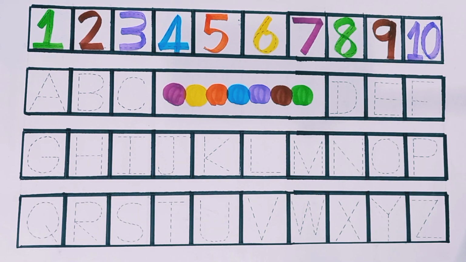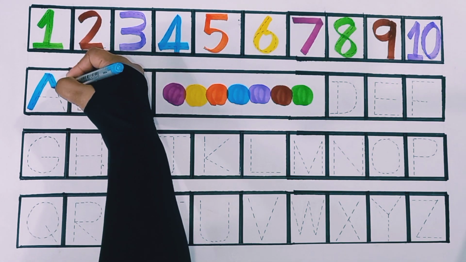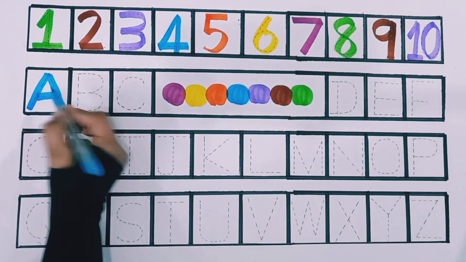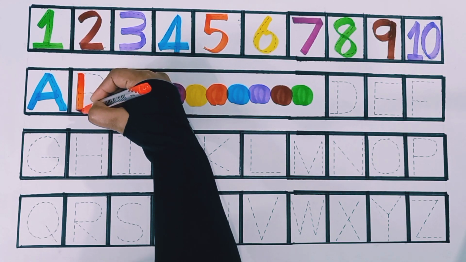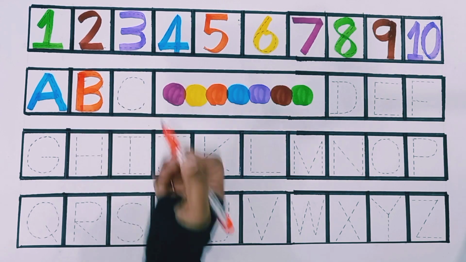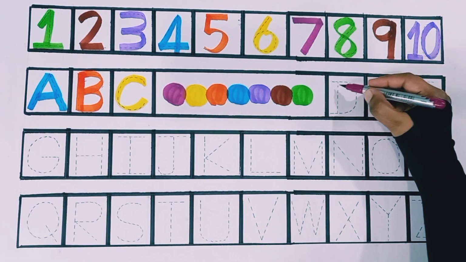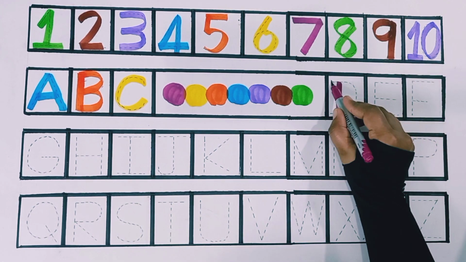Let's learn English alphabet. A for alligator. B for basket. C for car. D for drum.